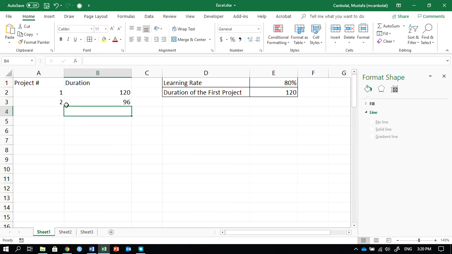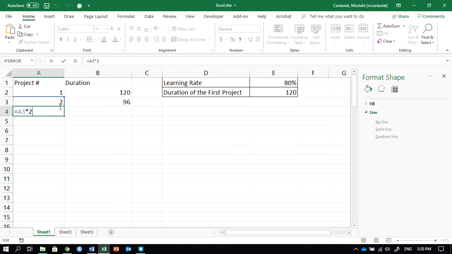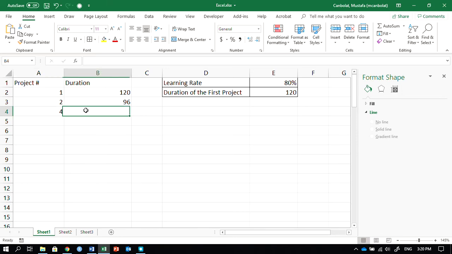So when we double from project number 2 to project number 4, we are going to be able to complete the fourth product in 76.8 hours, which is 96 times the 80%, if the learning rate is 80%.